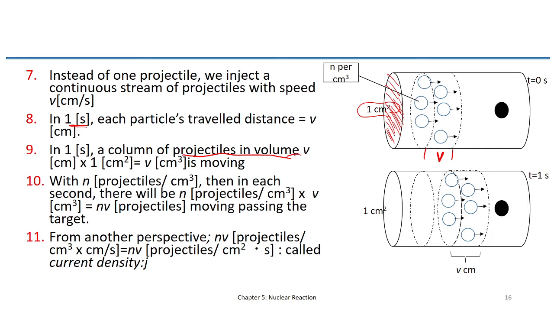So in 1 second, there is v cubic centimeter of projectiles moving in the cylinder.